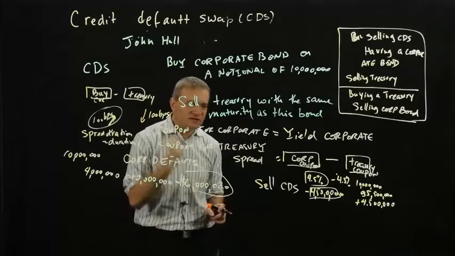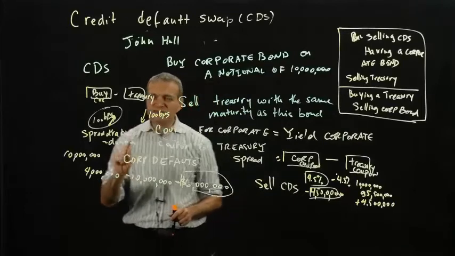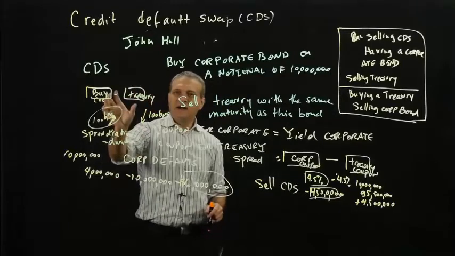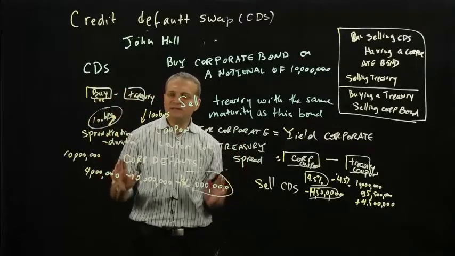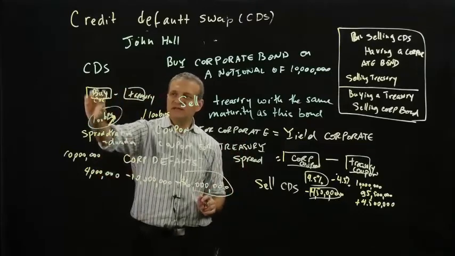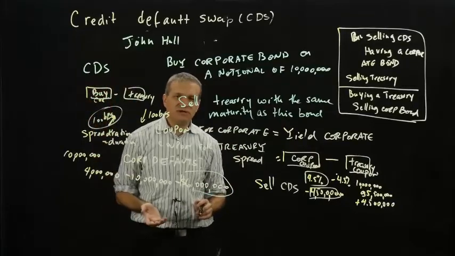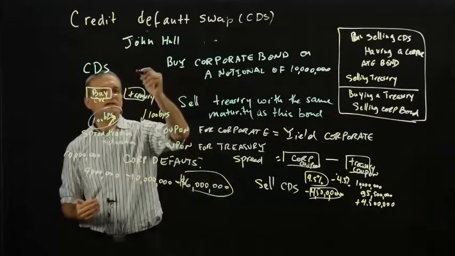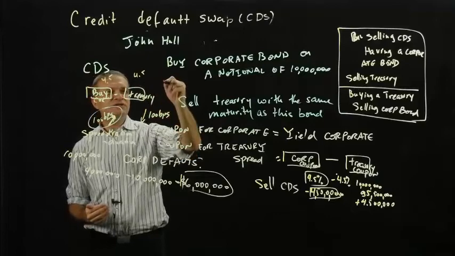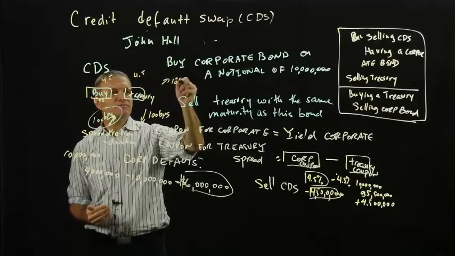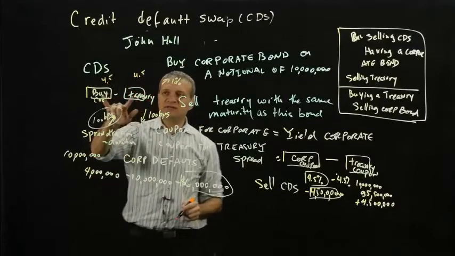But what happens if interest rates go up? This is going to become much more interesting. Let's make a simplifying assumption, and in many cases it's almost correct, that this guy and this guy have close to the same duration, let's say 4.5 on both sides. If interest rates go up by 1%, both of these are going to lose money.